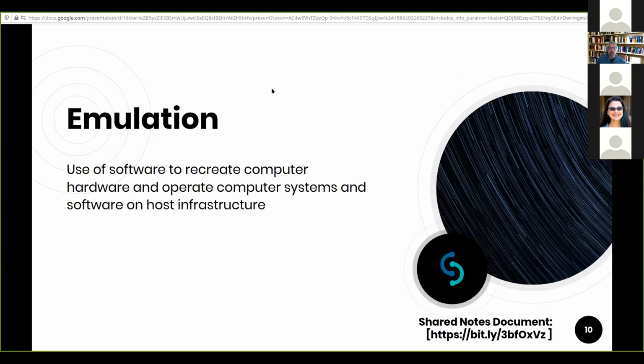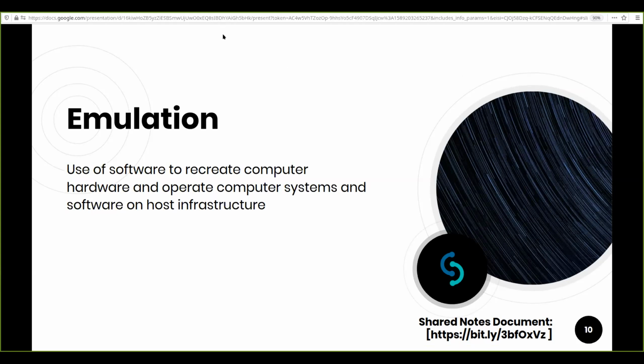Broadly speaking, when I try to explain what I do to family or friends, it's that I'm trying to run old computers on newer computers, which is a bit simplistic, but it usually gets people there. The idea is that an emulator is itself another piece of software, which is a whole other rabbit hole to get into.